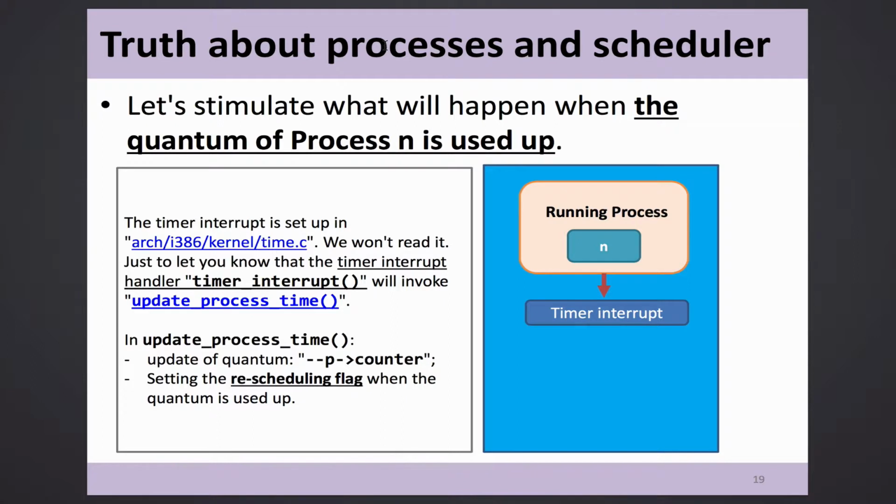Now, this is a very complex function I don't want to trace with you. So the high-level point of view is that every time you get a time interrupt, the time interrupt handler will do one thing. It will update the process time, going through one important point, which is to decrement your counter, okay? So we can take a look.